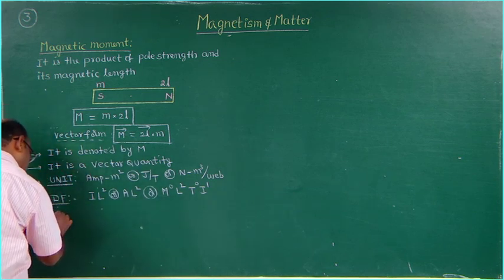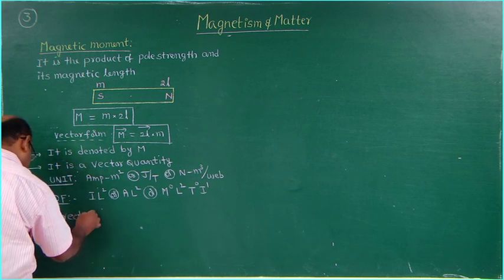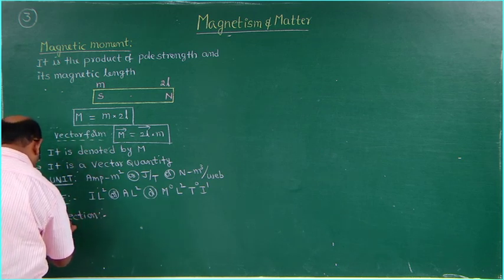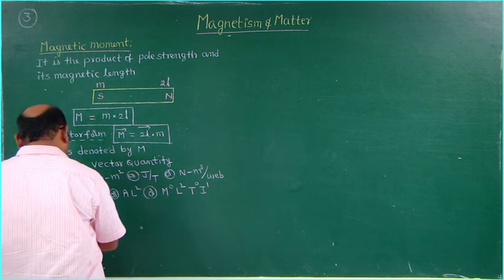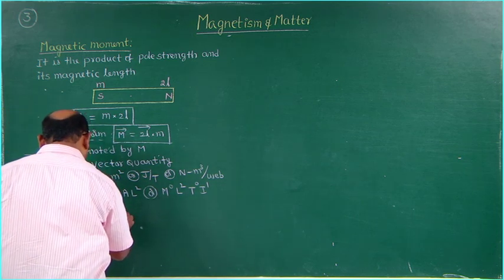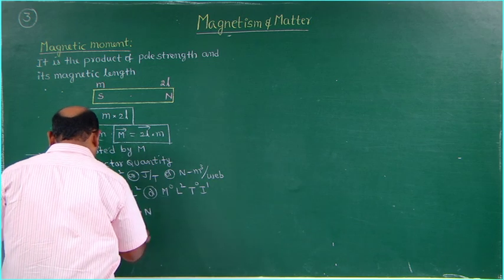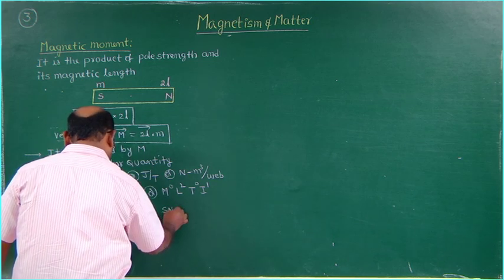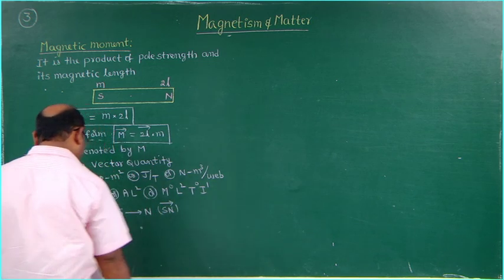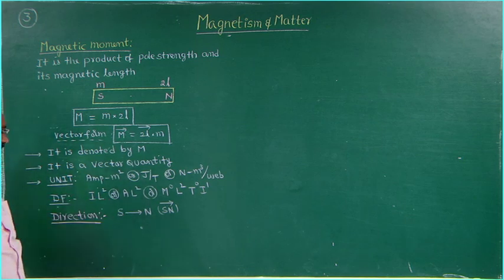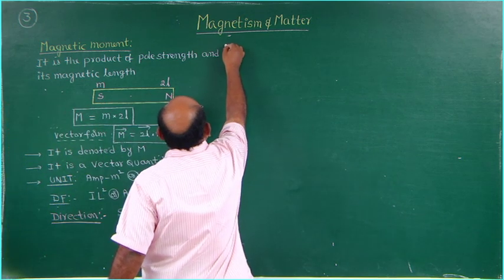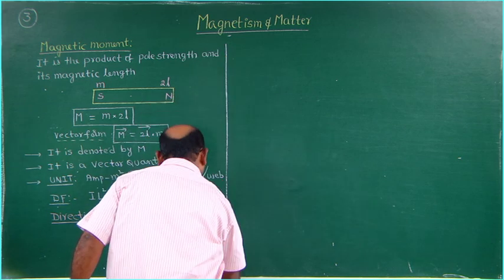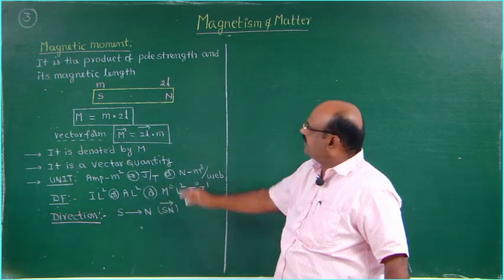And mainly about the direction. So, the direction of the magnetic moment is always from south pole to the north pole, that is S N bar, south to north. So, this is about the magnetic moment. Okay, students, in today's session we started about the magnetic moment.